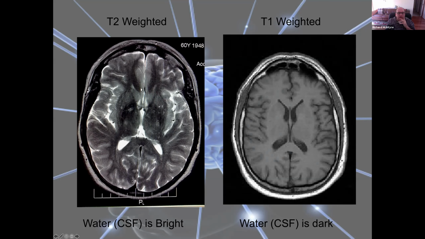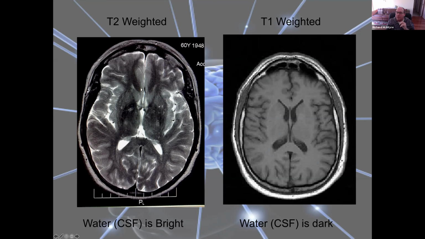So this is called a pathology weighted image. If we have a brain tumor, an infection, inflammation, the body sends fluid there, edema, blood. It sends it there to protect us. And if the fluid's bright as it is here, we're going to see those lesions more. The image is going to be more sensitive to those lesions.